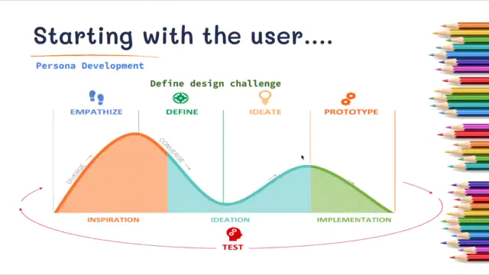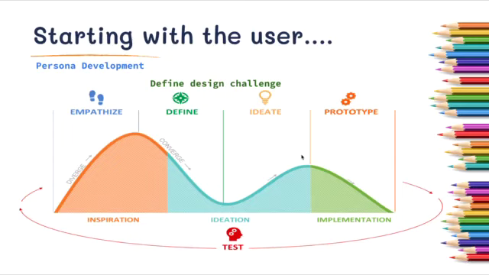If you remember, this was our learning design process, and we said it always starts with empathize. So it always starts with the learner that we are designing with and designing for. Ideally, the learners are in the room and have a conversation with you about their needs.